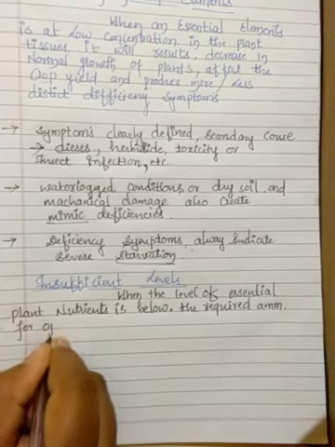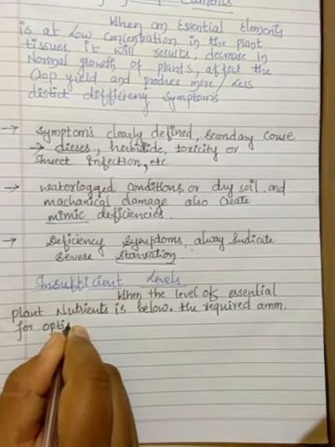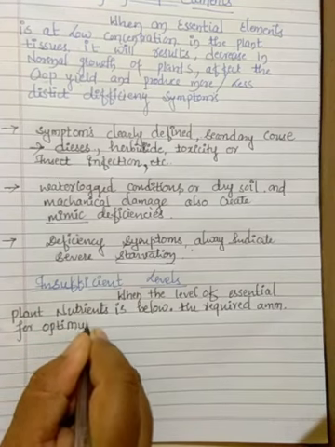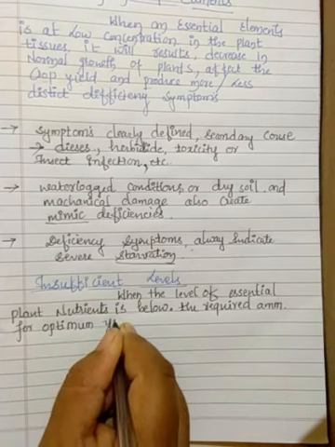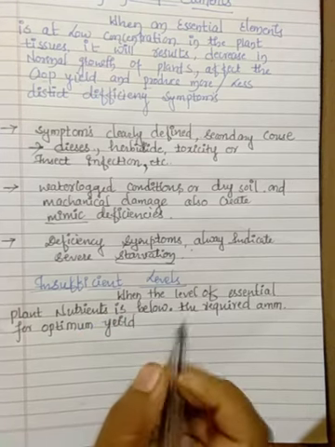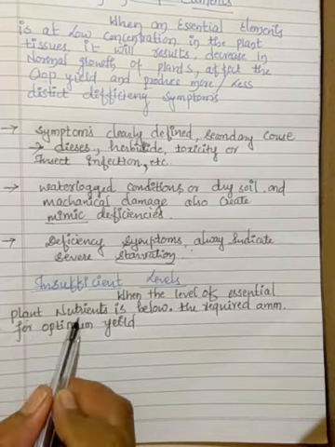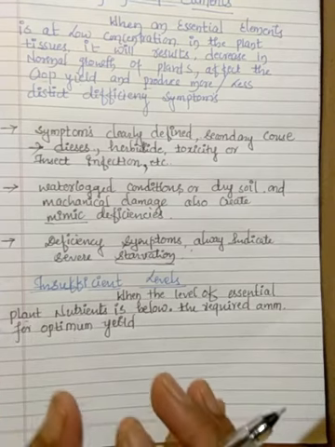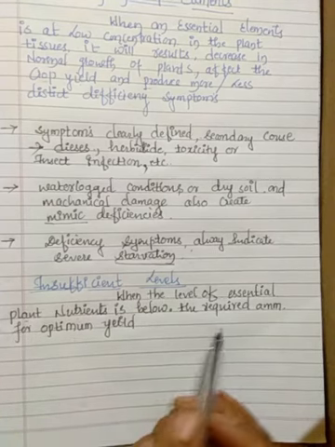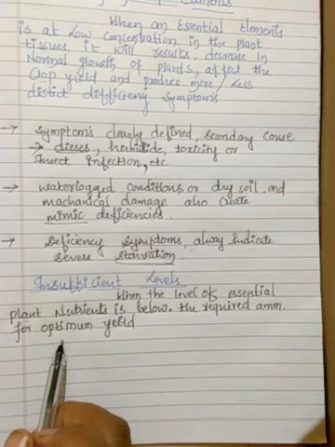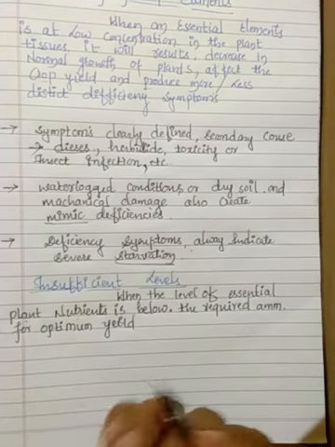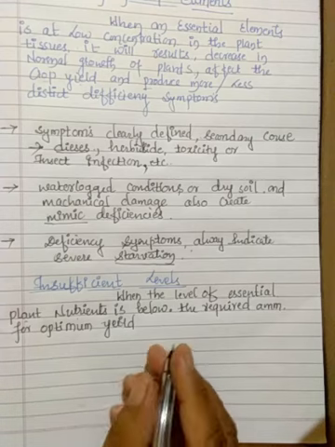When the level of essential plant nutrients is below how much we require, then there will be an imbalance, isn't it?